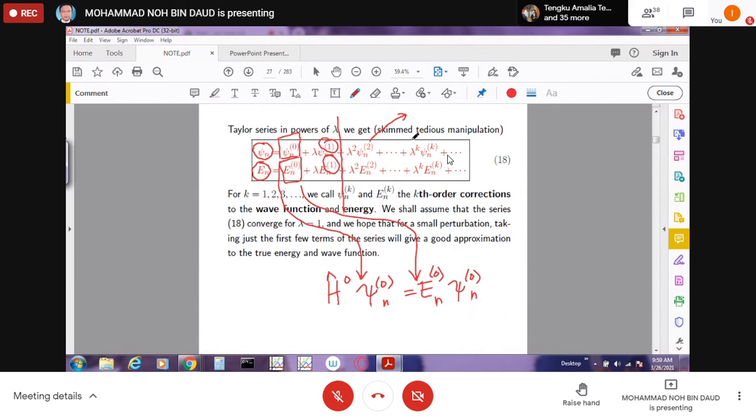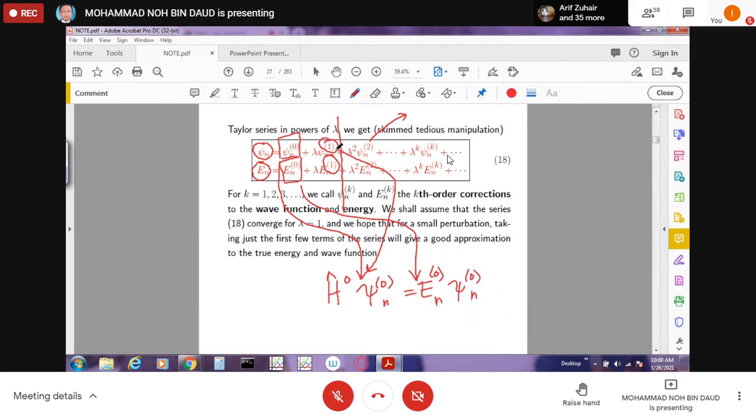So for K, we call this the K order correction to these wave functions and K order correction to this energy. You will learn up to the first order only. So now we are going to find this first order correction to the wave function, using also the information from this unperturbed wave function and this unperturbed energy.